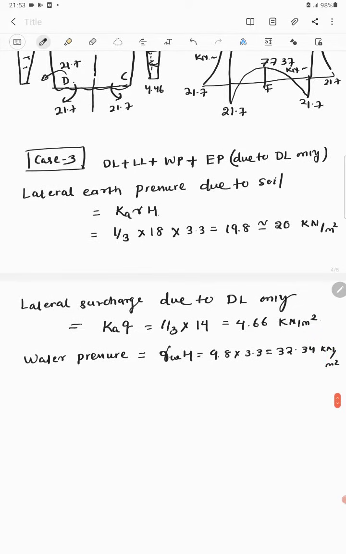Okay, now what will be the total pressure at the bottom and what will be the total pressure at the top? So as you know, at the top, okay, first we will draw this diagram.